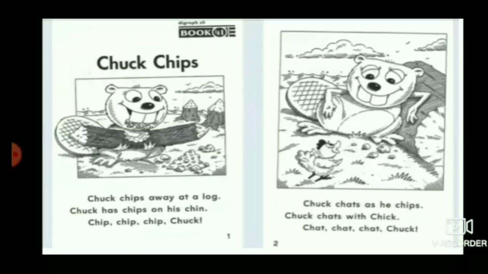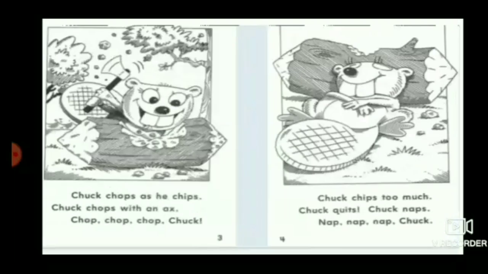Chat, chat, chat, Chuck. Chuck chops as he chips. Chuck chops with an axe. Chop, chop, chop, Chuck. Chuck chips too much. Chuck quits. Chuck naps. Nap, nap, nap, Chuck.